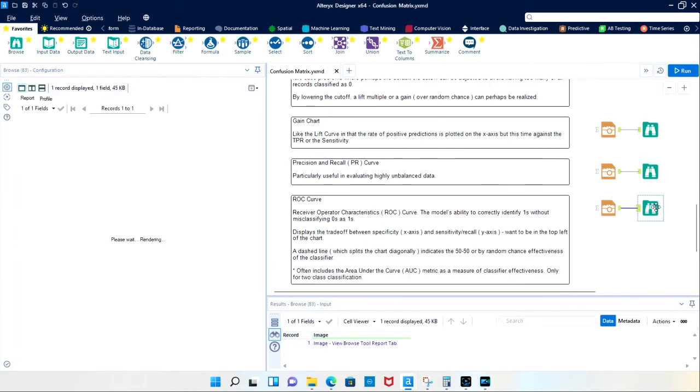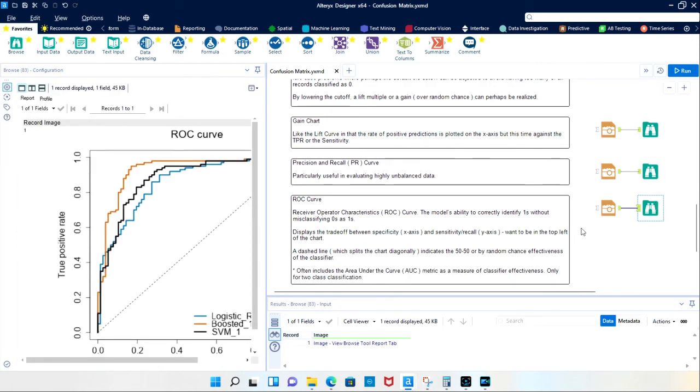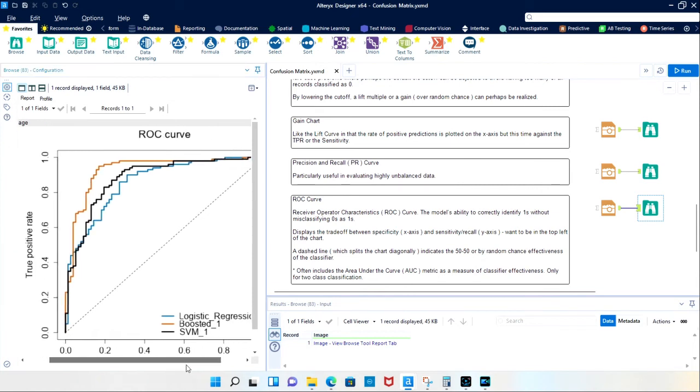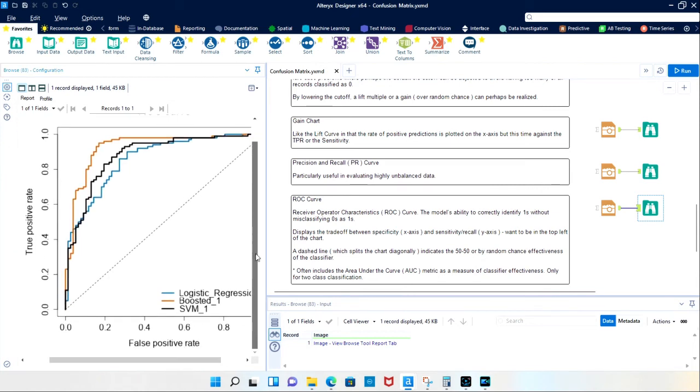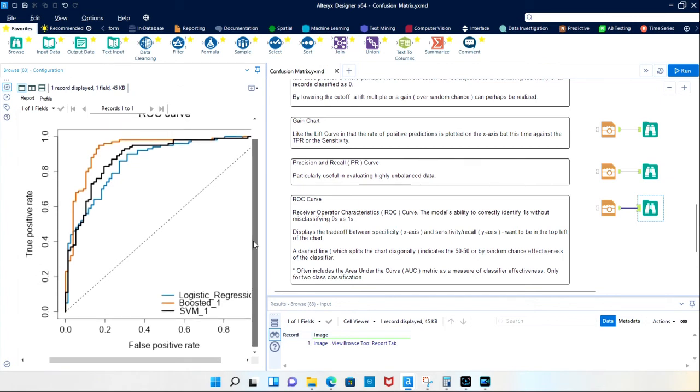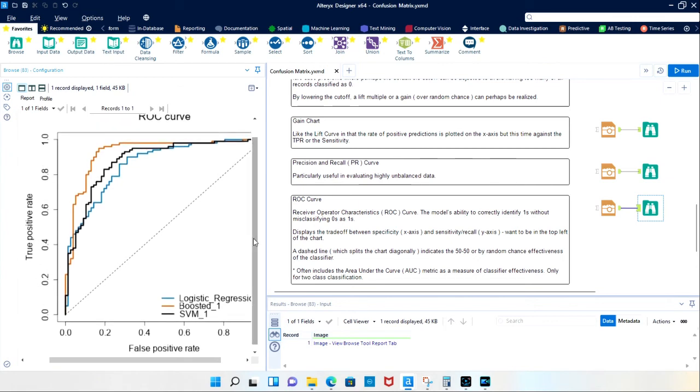And finally, the granddaddy of classification, or at least two-class classification, is the ROC curve, which stands for the Receiver Operator Characteristics curve. It's the model's ability to correctly identify ones without misclassifying zeros as ones.